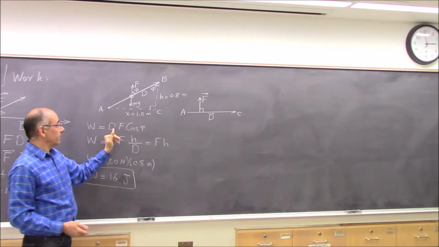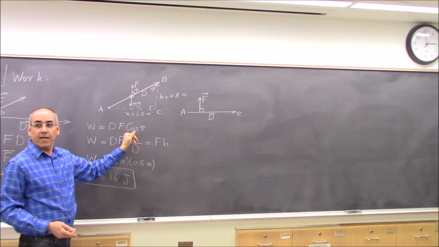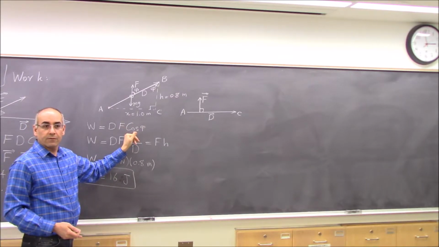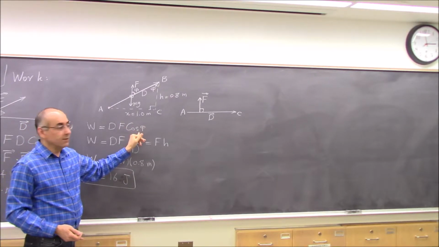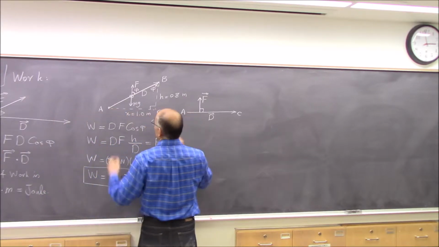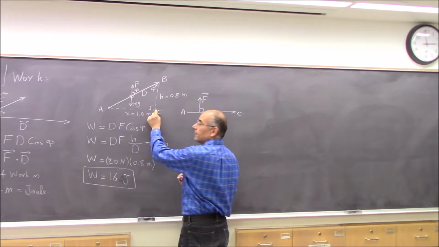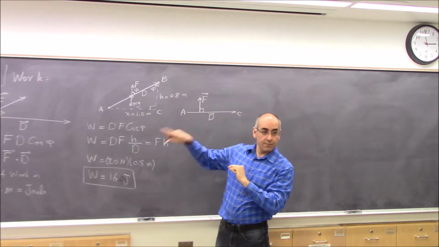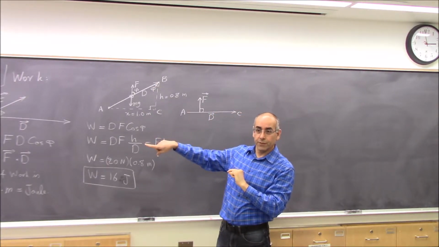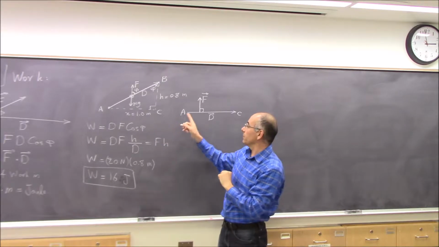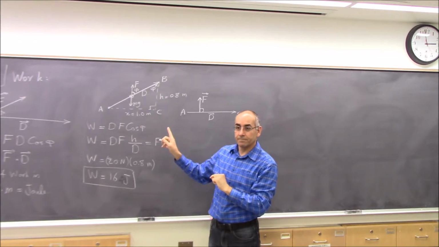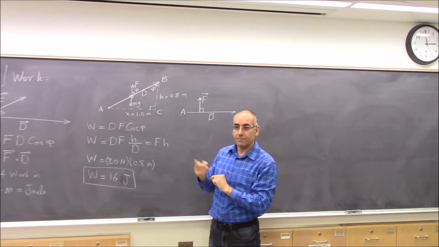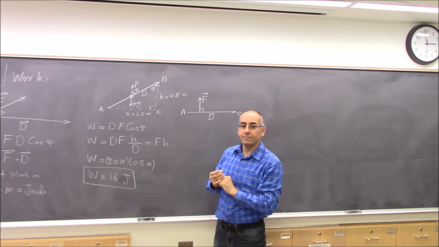And then if you do d times F times cosine of the angle, cosine of 90 is 0, right? So you get 0 work going from here to here. And how much work from here to here? Again, the same as the problem before, which is F times h, right? Yes.